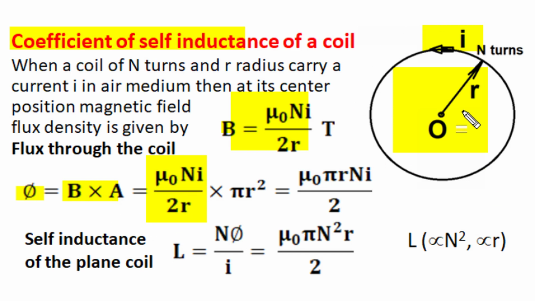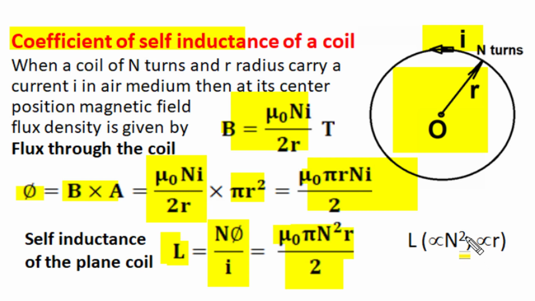Area of this circular coil of radius r is pi r square, one r gets cancelled out and flux will become mu 0 pi r N I over 2, and we know coefficient of self-inductance is flux linkages per unit current. So in flux when we multiply with number of turns, this N becomes N square, and when we divide by I, this I gets cancelled out and coefficient of self-inductance results as mu 0 pi N square r over 2.